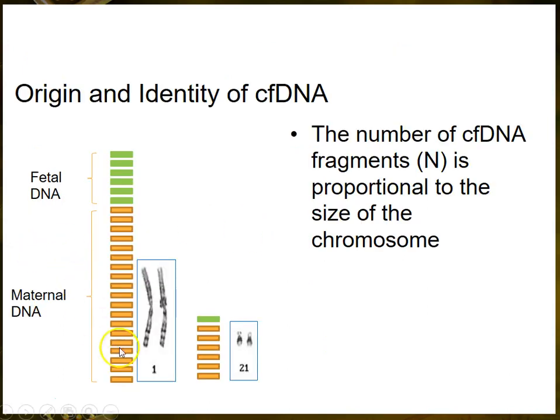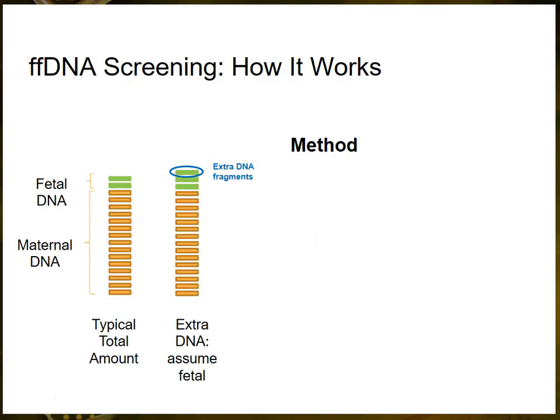Now here's a diagram of chromosome 1 and chromosome 21. The orange is the maternal component of chromosome 1, and the green is the fetal. Because 21 is much smaller, there are fewer fragments of both maternal and fetal. So what we do is compare these chromosomes to each other.